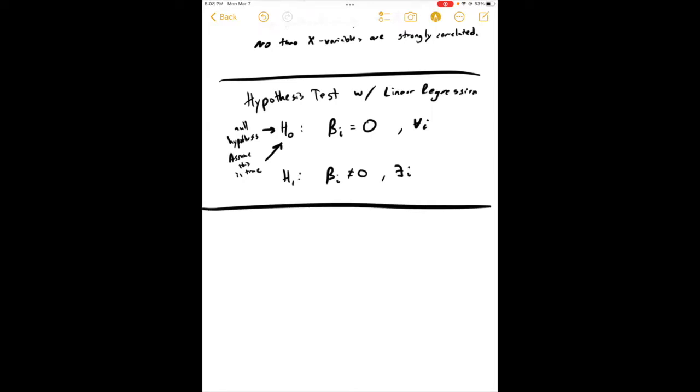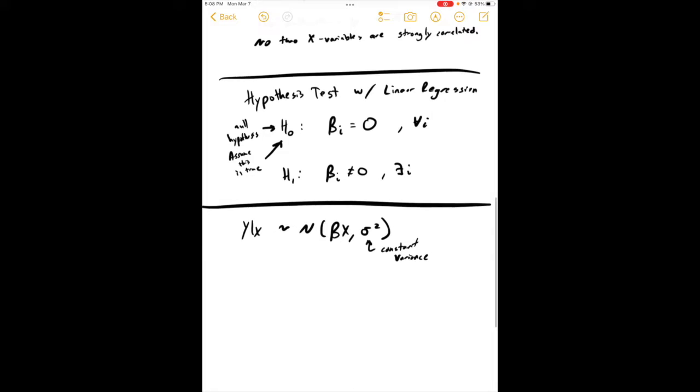All right, now let's remember that y given x, we said, followed a normal distribution with mean beta x and some constant variance. Some constant variance, very important. And we have a finite sample from a normal distribution with an unknown variance. So I'm going to add that here, an unknown constant variance.